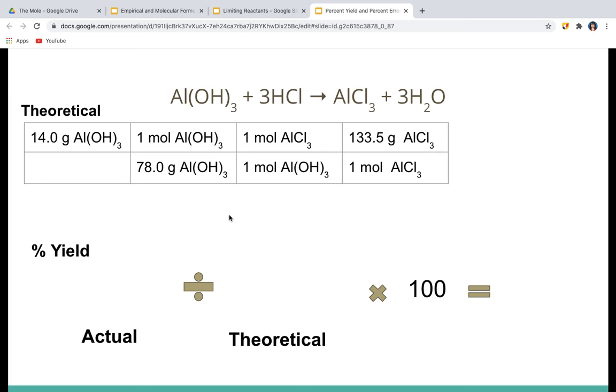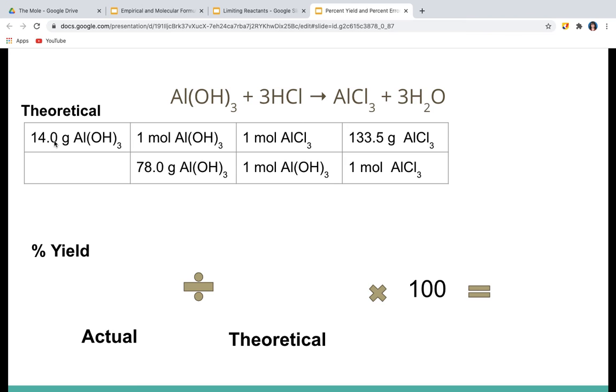Checking your work here, make sure we're going from grams of aluminum hydroxide to moles of aluminum hydroxide to moles of aluminum chloride to grams of aluminum chloride. Check and make sure that your molar masses are correct.